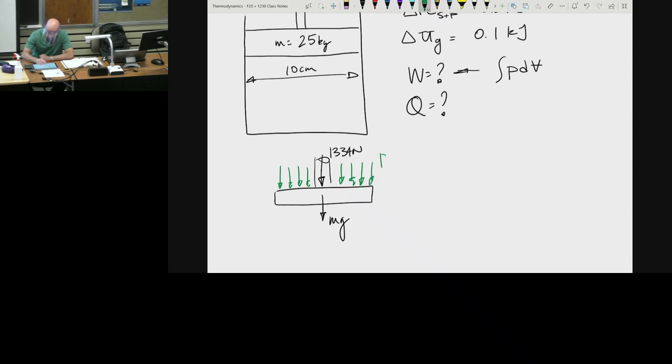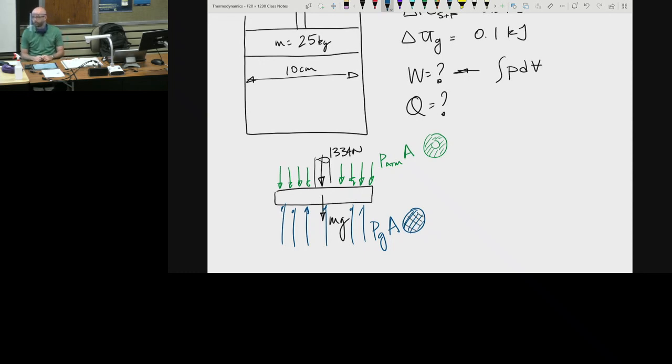This is going to be P atmosphere times the area, and remember, they're just going to consider this donut area, not the top of that shaft. What is counteracting that? Pushing straight back up is the pressure of the gas times the area of the whole entire bottom of that piston.